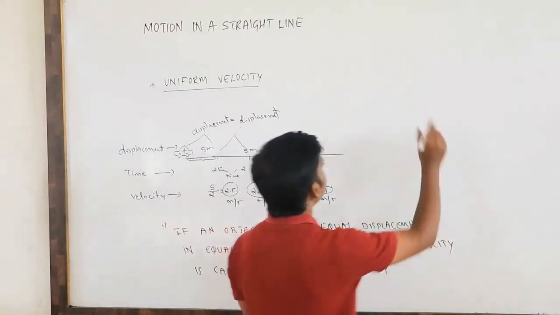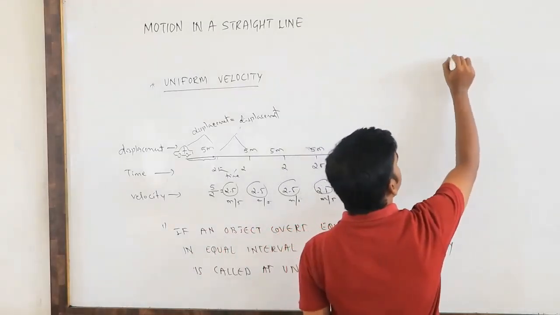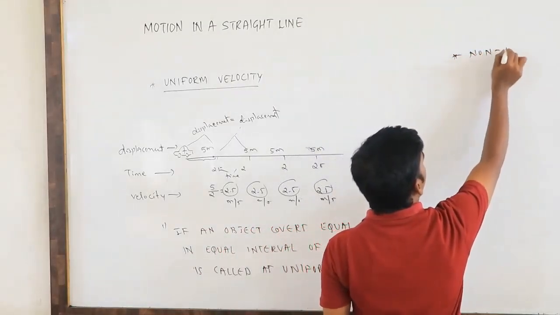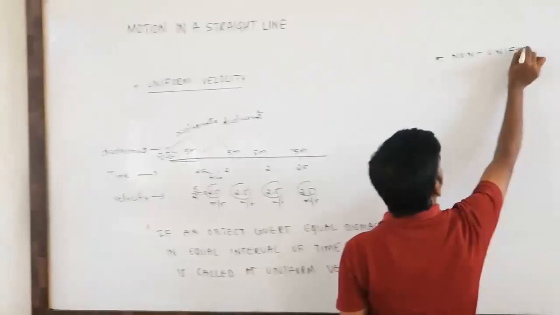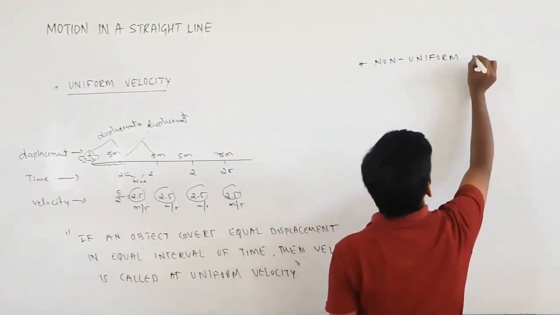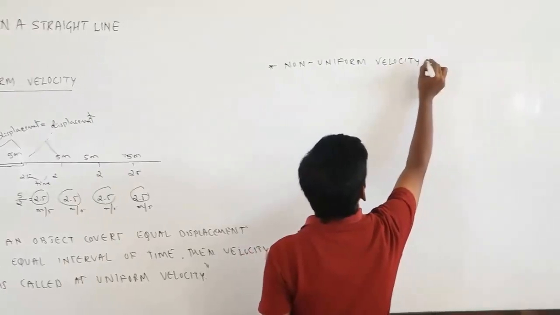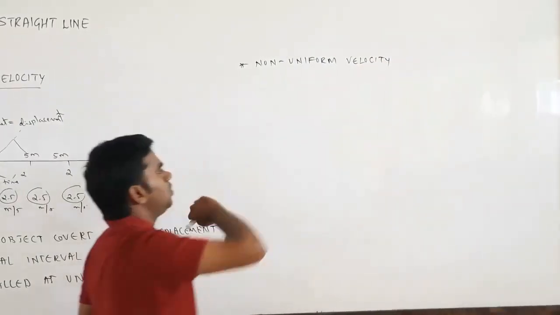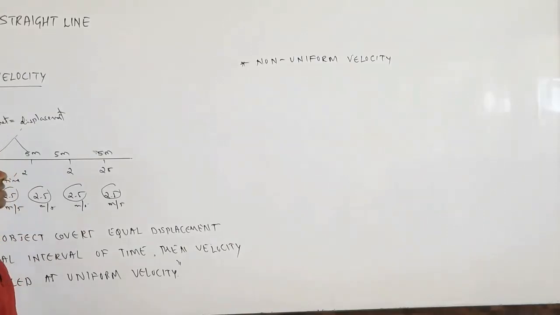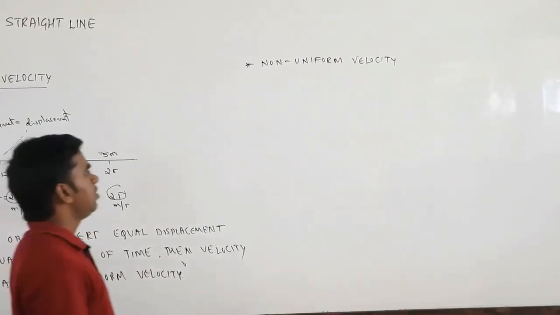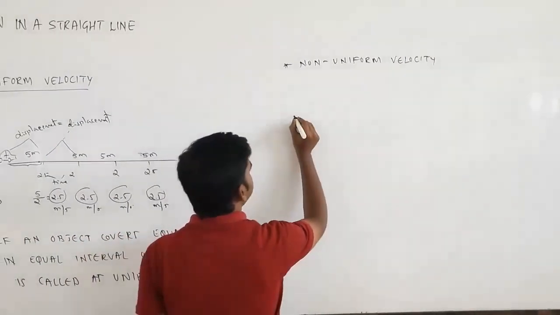Okay, so next is non-uniform velocity. This is very important, non-uniform velocity. Non-uniform velocity in the sense, what will happen here? Even if the body is moving in a straight line.